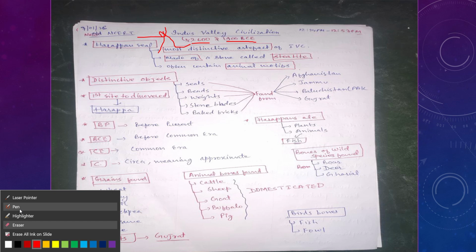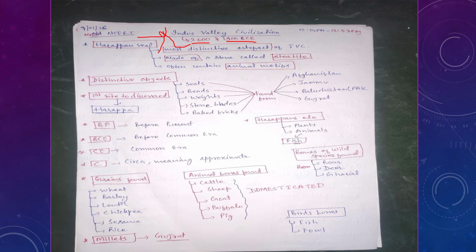Let me use the highlighter. Yes, so it was made up of steatite, and the most distinctive artifact was the Harappan seal. The Harappan seal also used to contain animal motifs.